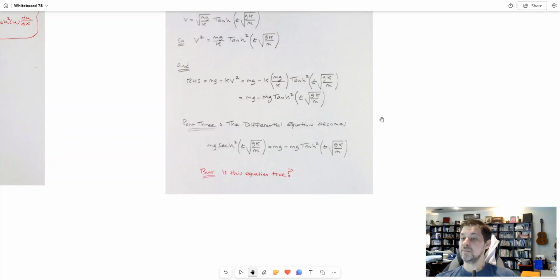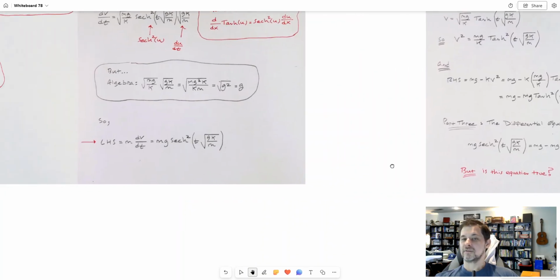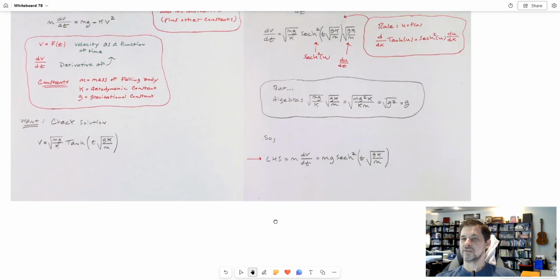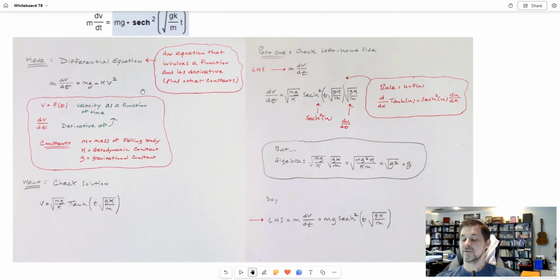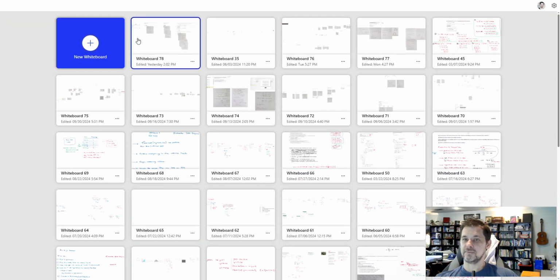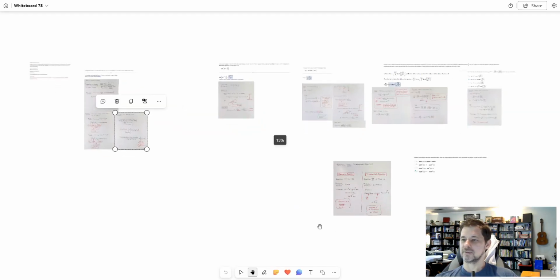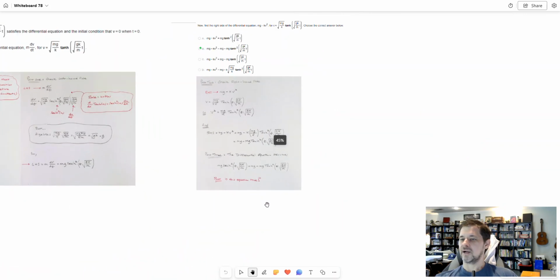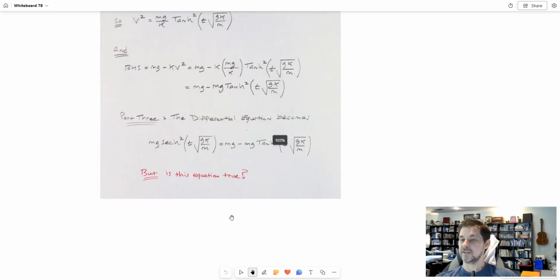That's what it becomes. All right. Now, is this true? If this original function is a solution to this differential equation, then when I worked out each side of that, I should get agreement. All right, I should get the same thing.